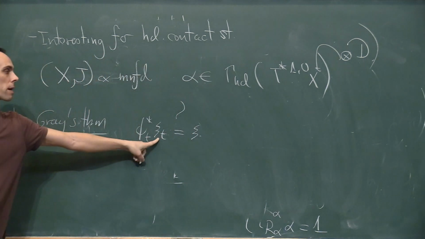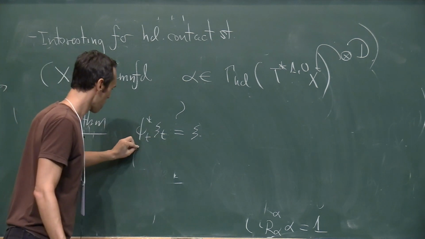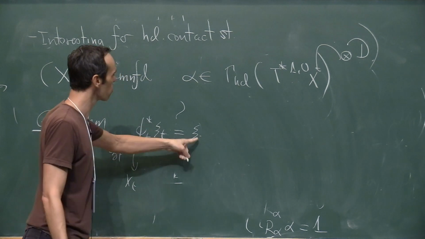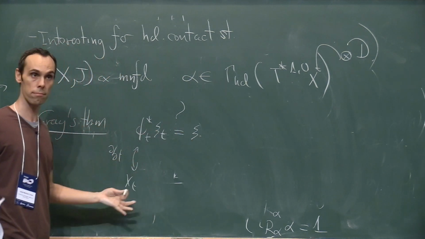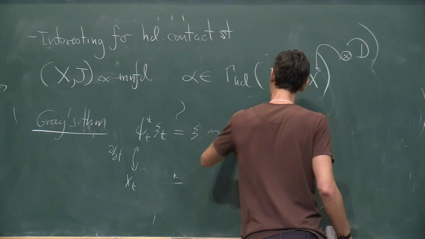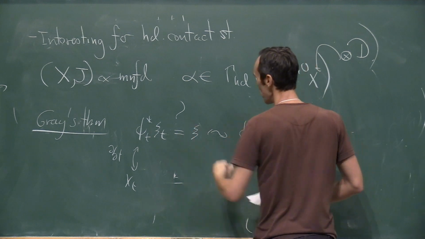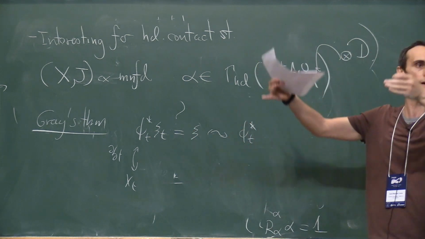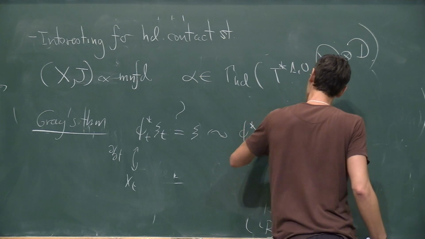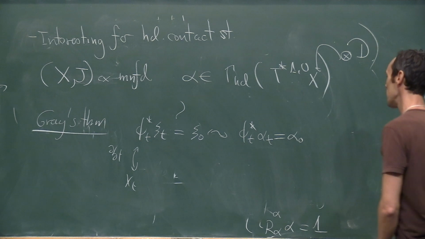Given a one-parameter family of contact structures, you look for an isotopy that pulls back the path to the original one. As usual, you write it using forms. Let's assume coorientability. If it's not coorientable, we go to a double cover, solve the problem there, and then go back with an equivariant solution.